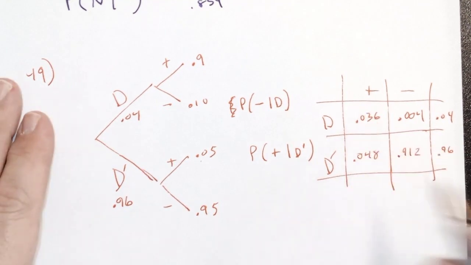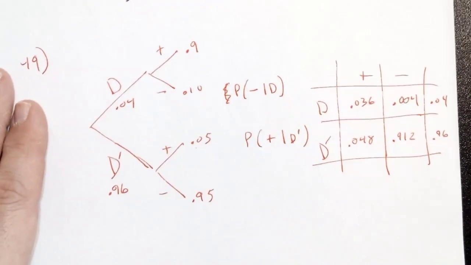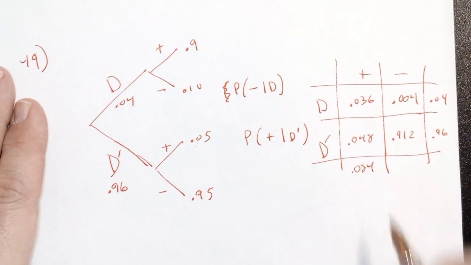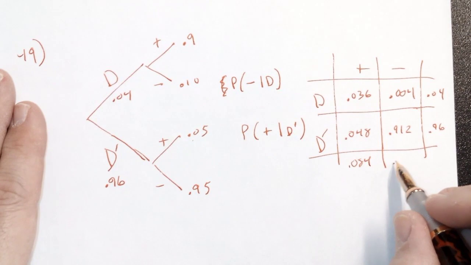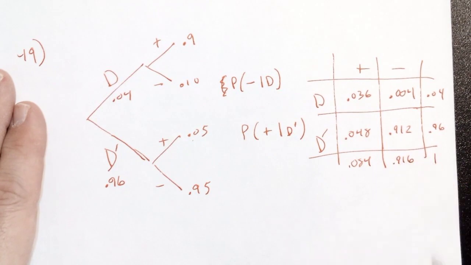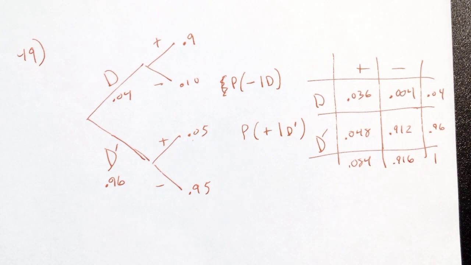And now if I add downward, 0.036 plus 0.048 is 0.084. And 0.912 plus 0.004 is 0.916. And now you can give me all the conditionals you want.